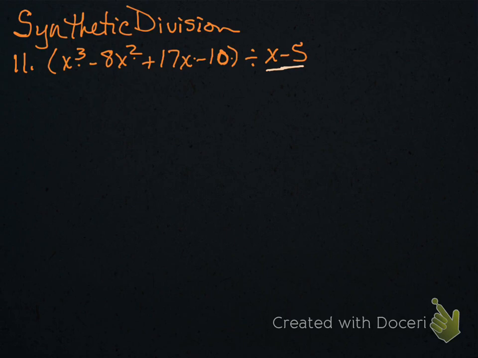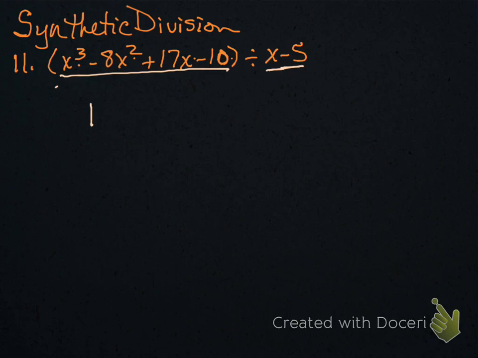So I'm going to start with writing down the coefficients of the number I'm dividing. So, x cubed has a coefficient of 1. Remember, if there's not a number in front of the variable, it's 1.